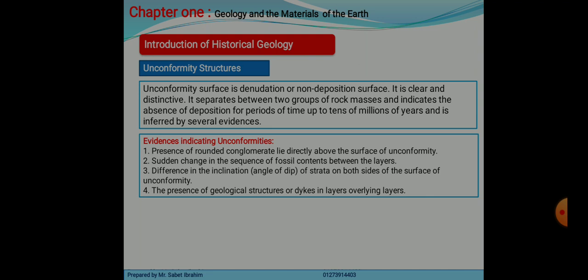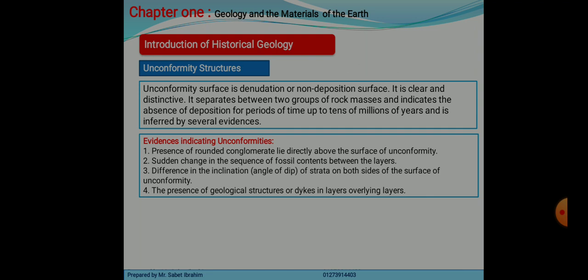So, the surface of unconformity is characterized by the presence of rounded conglomerates. Number two, the sudden change in sequence of fossil contents between the layers.